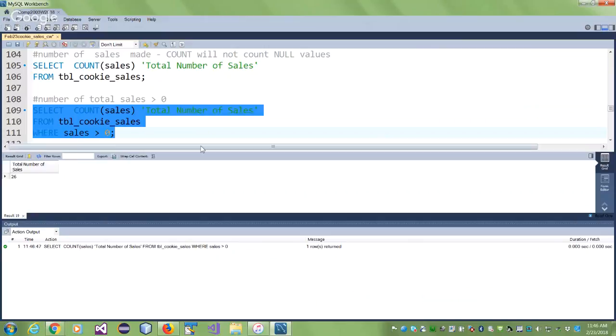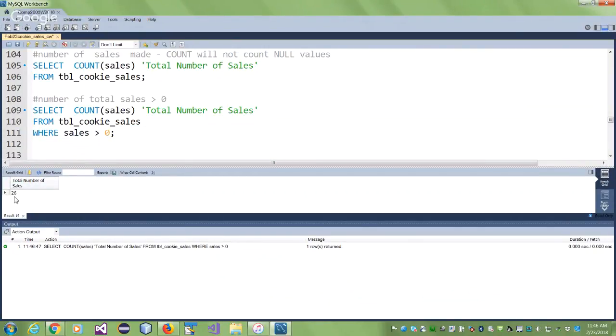Select count sales. Oh, okay, what am I doing? There it is, 26. So 2 records have 0 for sure. You can double check. Before the answer was 28 and now the answer is 26. So that means there are 2 records in which the sales value is 0. Okay, so you just add a condition. Okay, let's go to the next one.